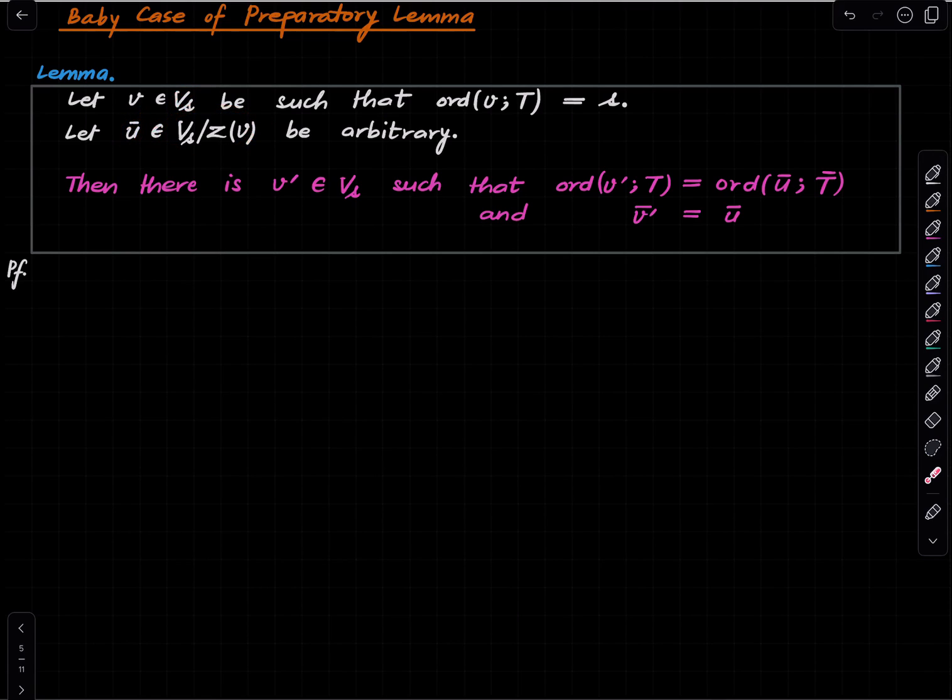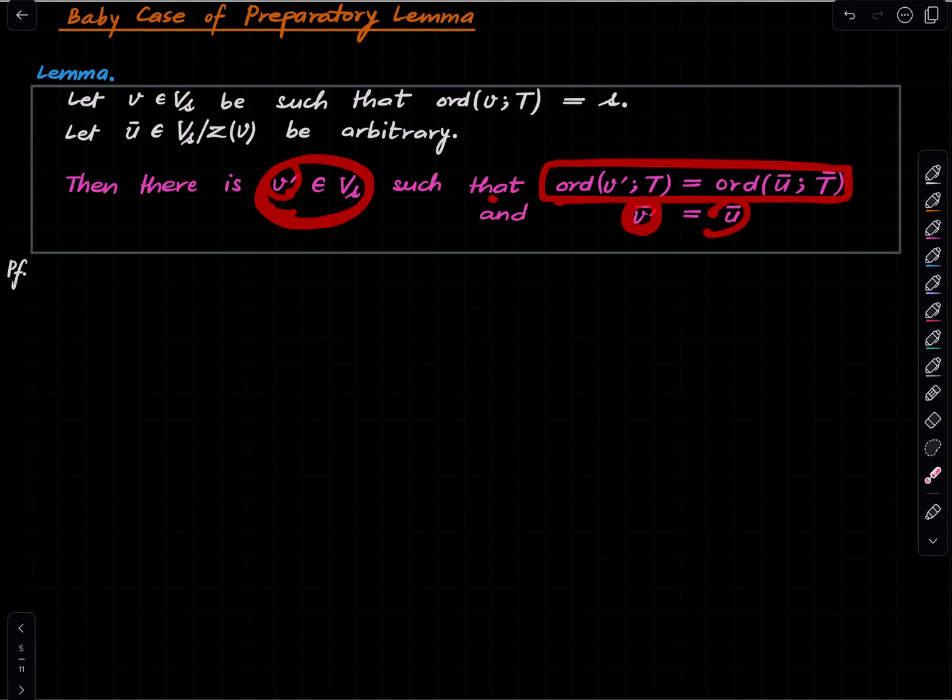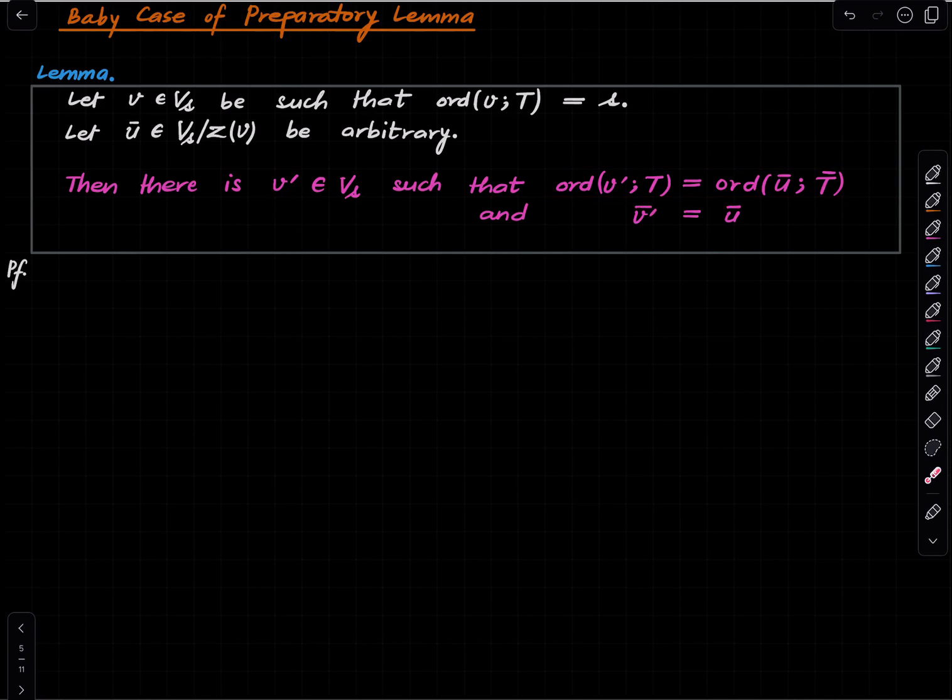Then we want to say that there is some other generalized polyeigenvector V prime such that its order is the same as the order of u bar, and after going modulo the cyclic subspace, you are equal to u bar. This is somewhat trippy actually. So here I have used the endomorphism also. When you define order, the endomorphism matters. So when we say order of V prime, we mean with respect to T. And here it's with respect to T bar.